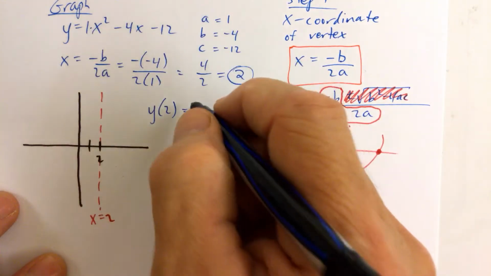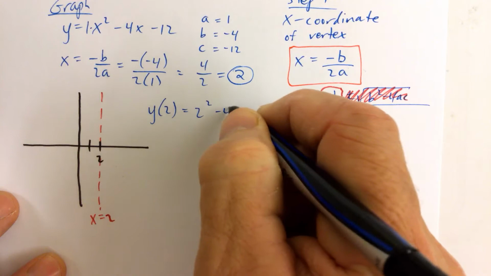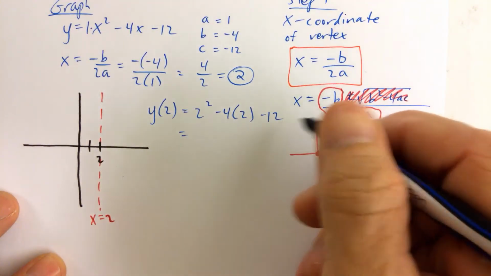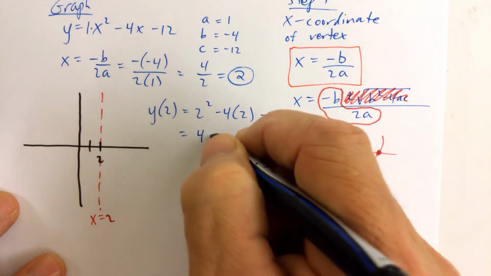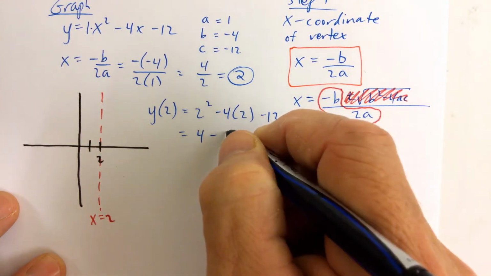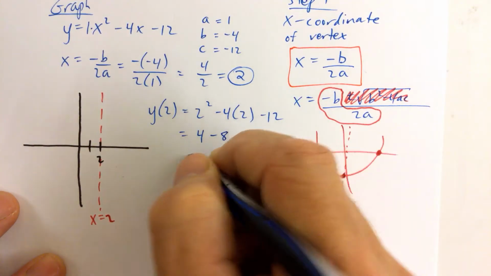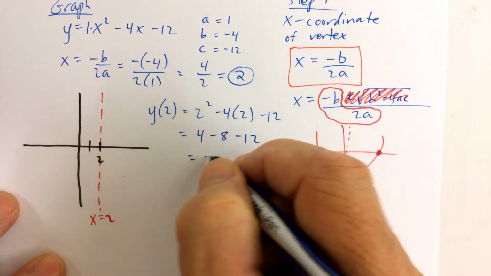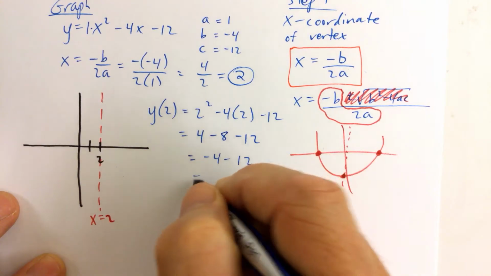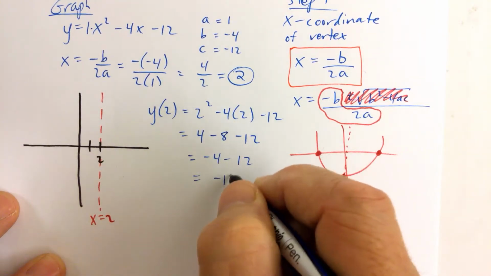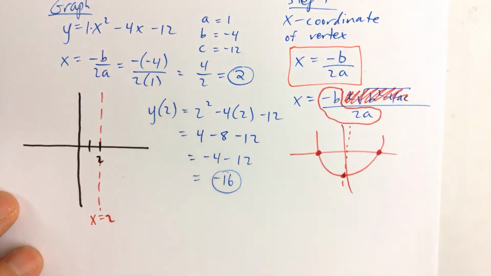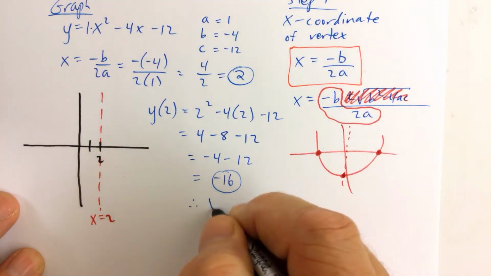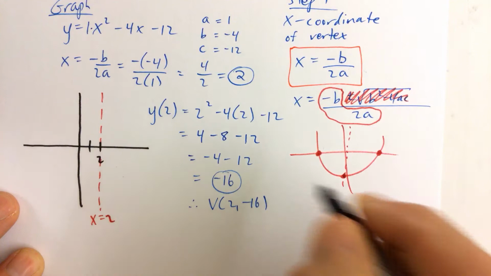So we're going to put 2 in for x, write everything out, and then simplify carefully. 2 squared is 4, minus 4 times 2 is 8, minus 12, and we move using PEMDAS here, from left to right. 4 minus 8 is negative 4. Negative 4 minus 12 is negative 16. So we know that the vertex is at 2, negative 16.